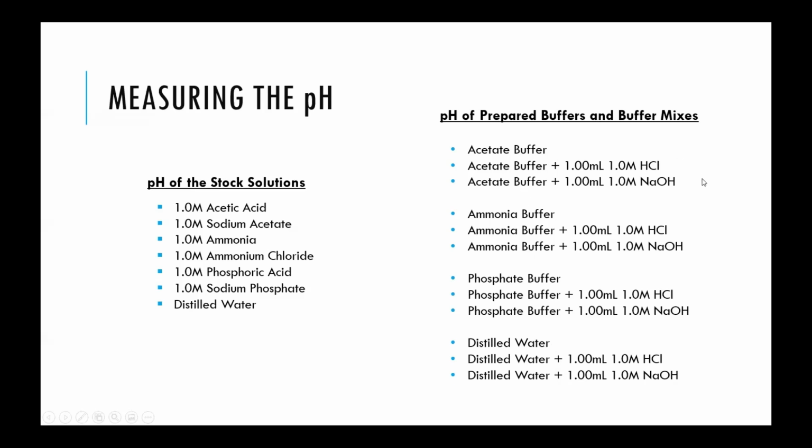And when you do this, you'll measure the pH of all of these different combinations and see of your 3 buffers, which one has the best buffering capacity for acid. That is, it resists pH change when adding acid, and which one has the best buffering capacity for bases. That is, it resists pH change in the presence of additional base.